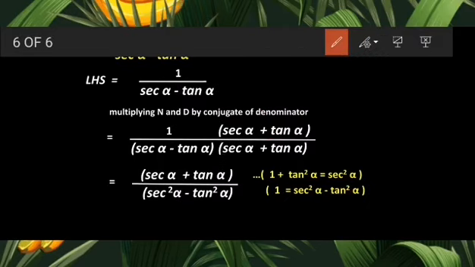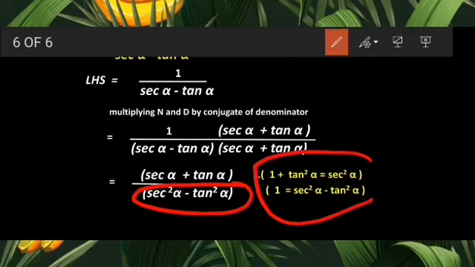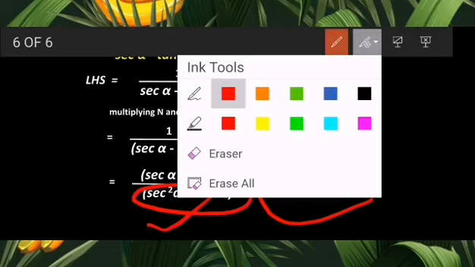Now if you observe the denominator, we have sec square alpha minus tan square alpha, and observe this identity: the basic identity is 1 plus tan square equals sec square, and to turn it I just shifted tan square alpha towards the sec square alpha, and I got the same terms which are there in the denominator.